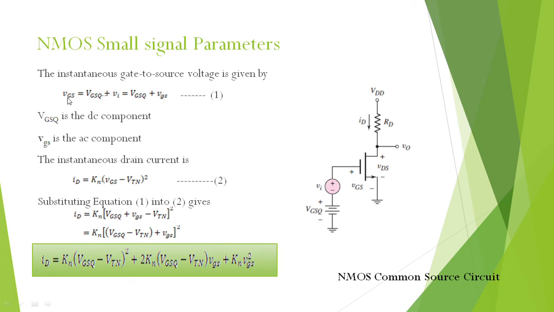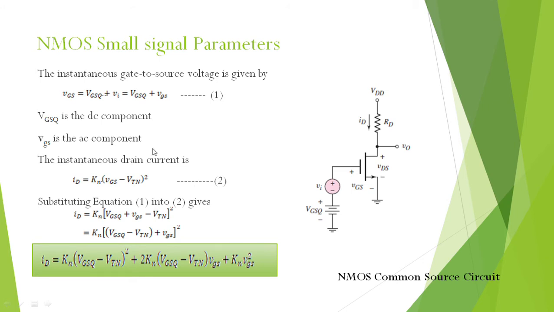So your total VGS is equal to VGSQ plus vgs, where VGSQ is the DC component and vgs is the time varying sinusoidal signal applied to the circuit, the AC component. From the circuit, it is clear that the instantaneous drain current flowing through the MOSFET amplifier is given by ID equal to Kn into VGS minus Vtn the whole square, and this is equation number 2.